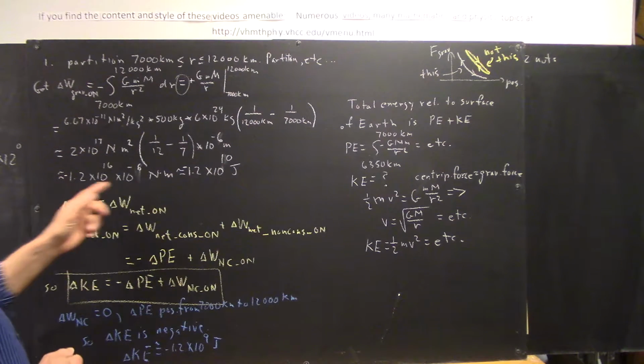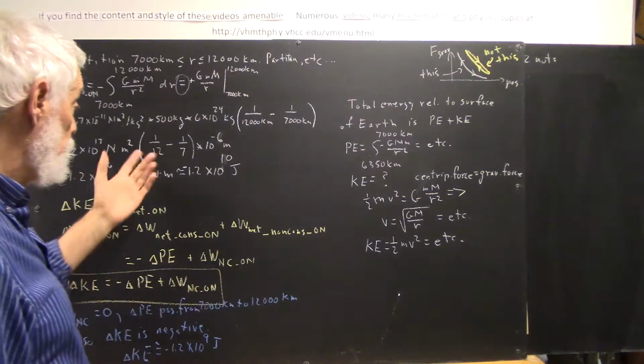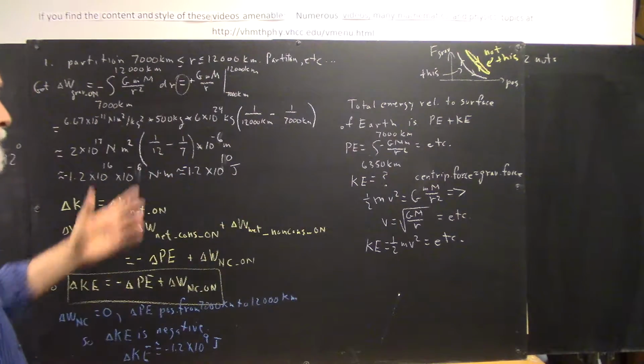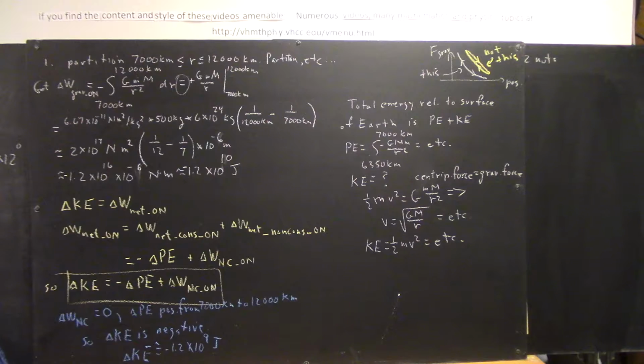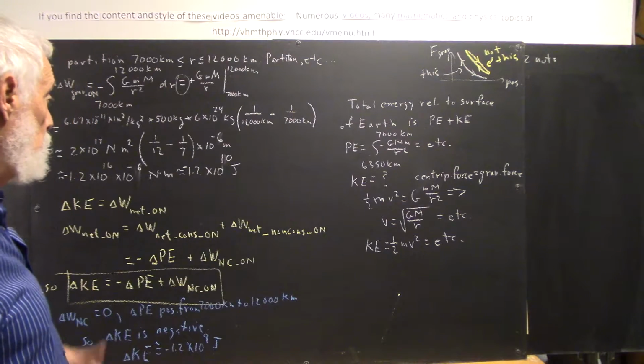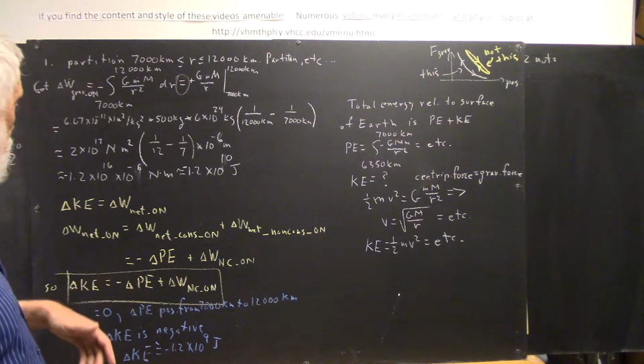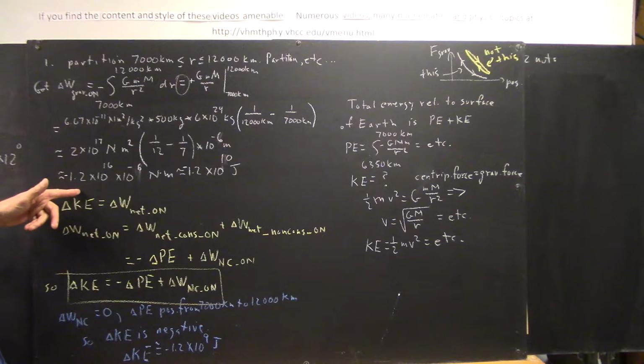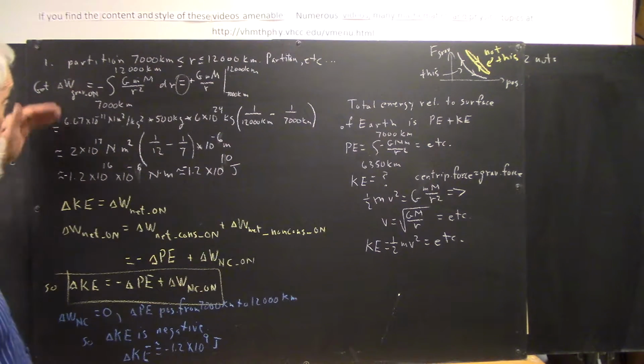So I'm thinking this is what you get, but I'm still not sure. I did some arithmetic. I put this over a common denominator of 84, and I got negative 5/84ths, and I approximated that as about 0.06, and multiplied 0.06 by this and got this. Now, actually, I think that might have worked out, but you check it out. This is just details.